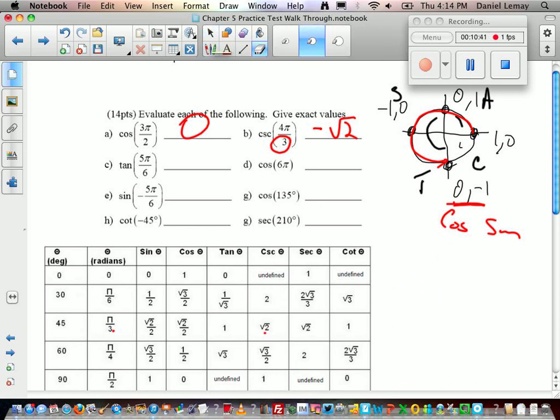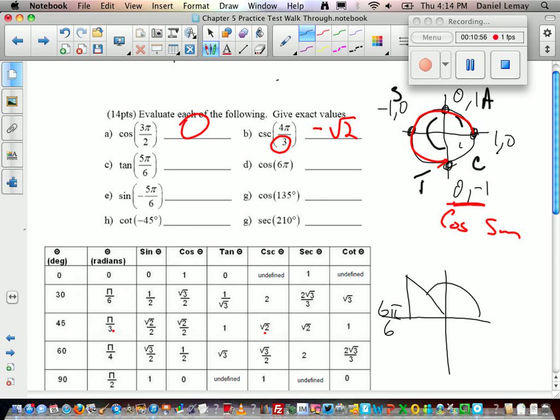How about the tangent of 5 pi over 6? Let's see. So 5 pi over 6. Well, I know pi radians is the same as 6 pi over 6. So 5 pi over 6 is here. I know tangent in that quadrant is negative.